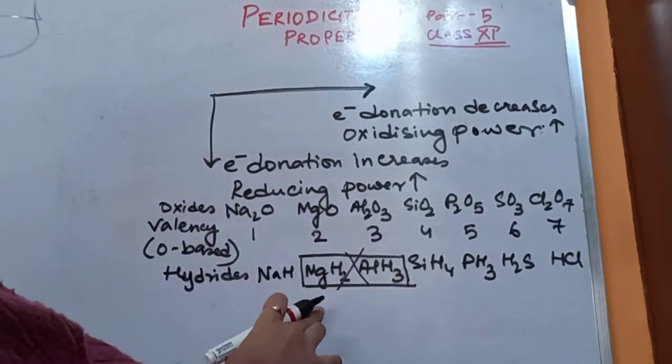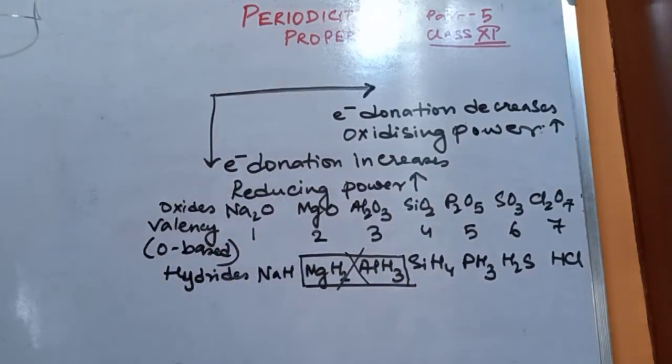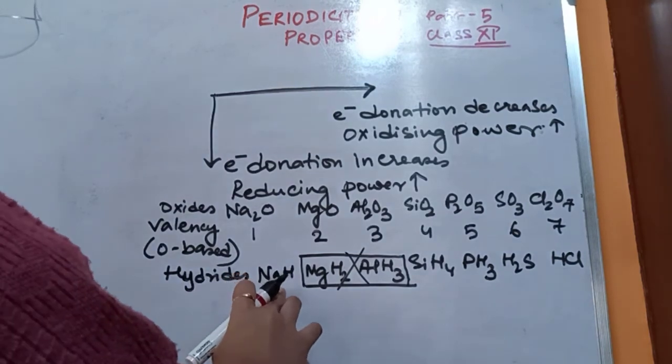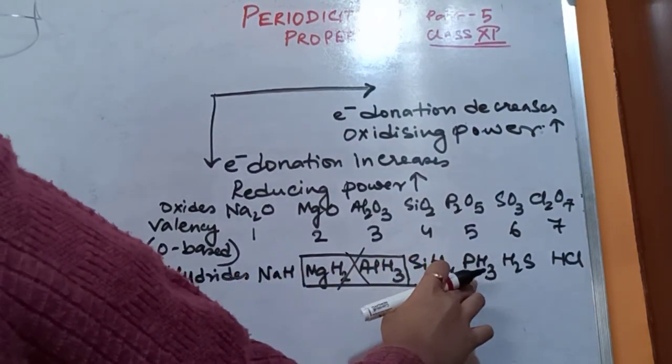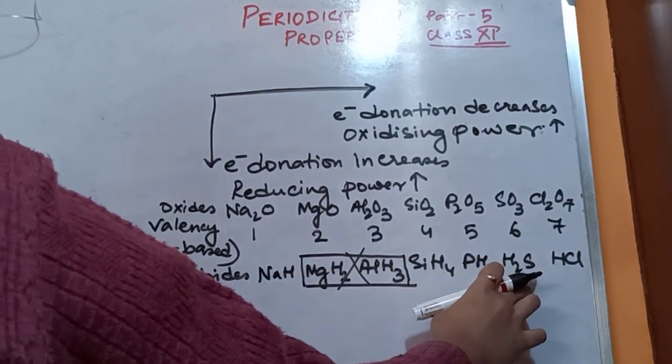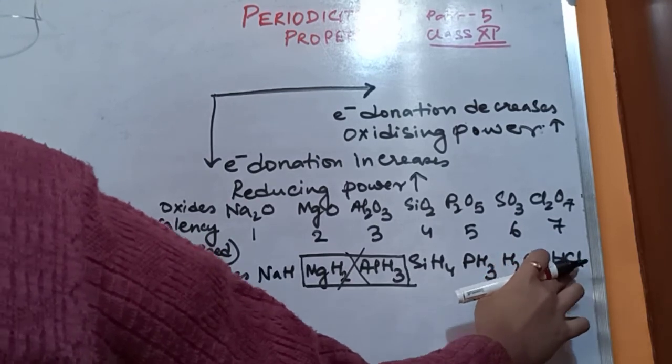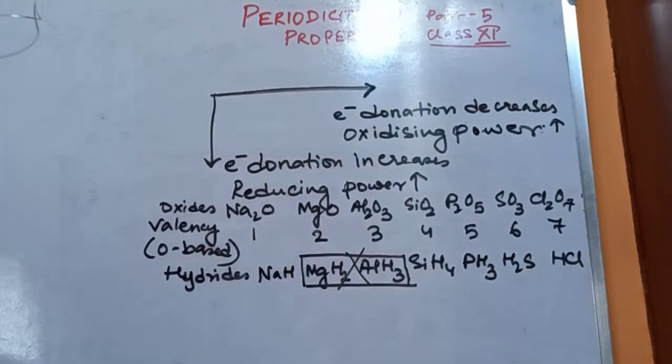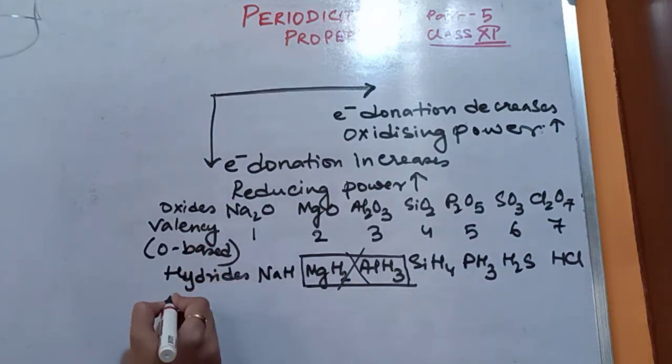I will come to that part later on, why they do not form hydrides. Sodium hydride, silicon hydride, this is known as phosphine, this is H2S, hydrogen sulfide, and this is HCl. Now look at the valency.